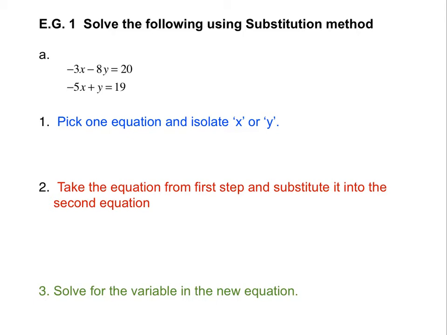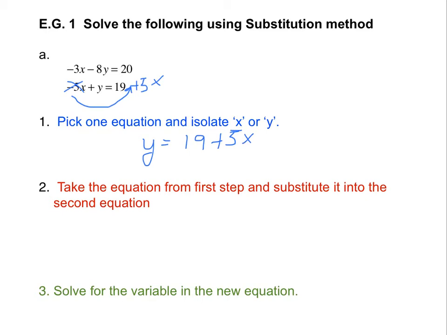So in isolating this y, we're going to move this term over to the other side by adding the opposite. So we're going to add 5x to this side, and that will remove that value there. So for our first step, we're going to have y equals 19 plus 5x.